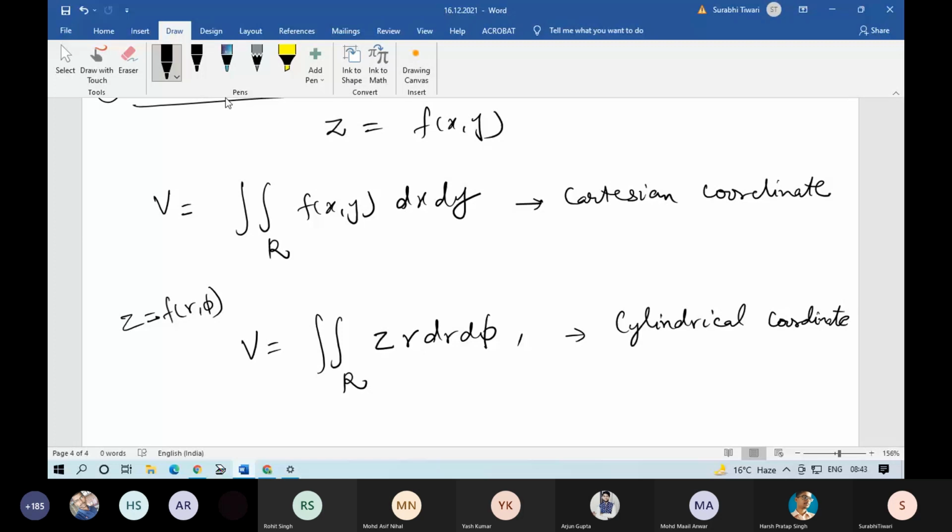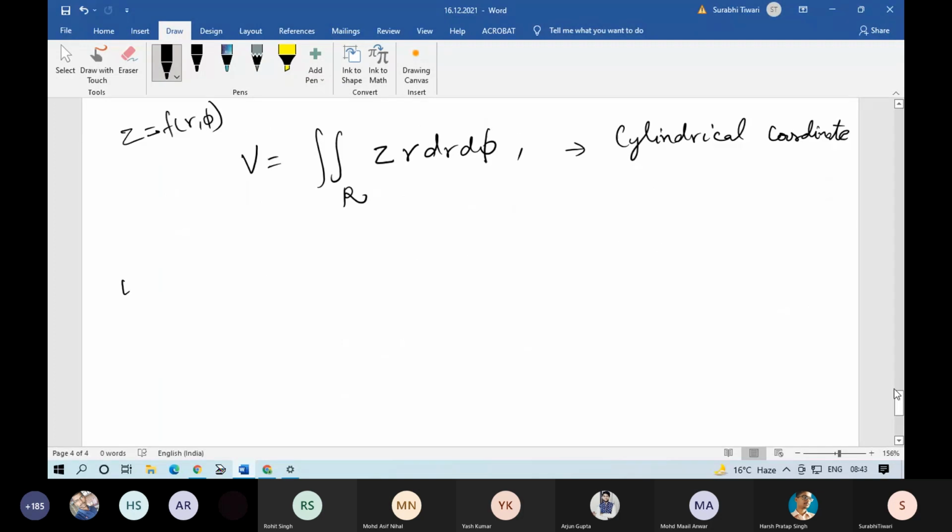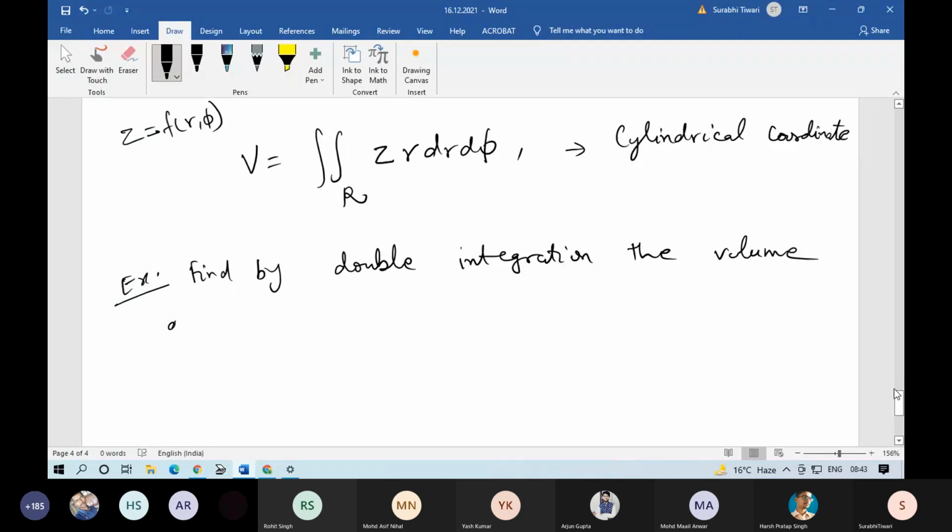Now, for example, this is given. Find by double integration the volume of this ellipsoid x square by a square plus y square by b square plus z square by c square is equal to 1.